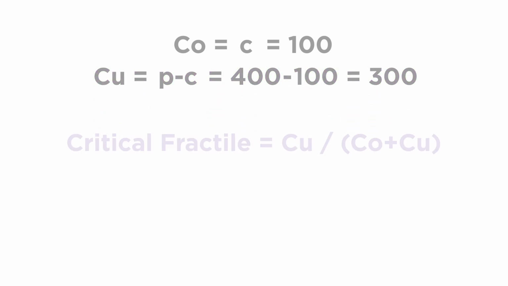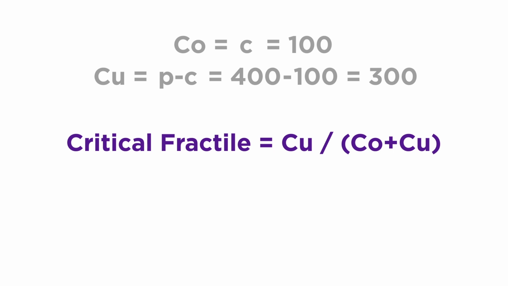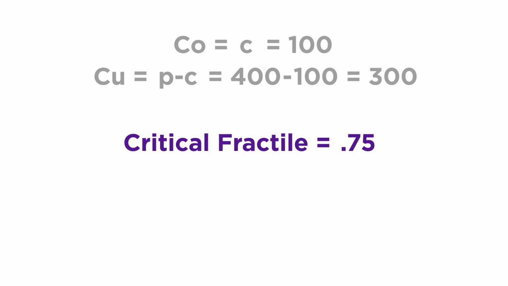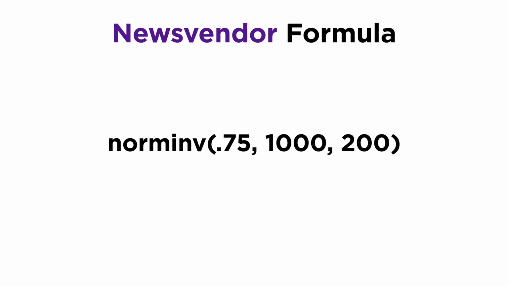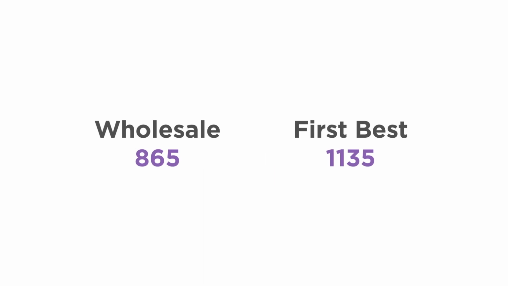It follows then that the critical fractile is equal to 300 divided by 400, which is equal to 0.75. We again use the newsvendor formula to identify the optimal production quantity, this time with the critical fractile being equal to 0.75. This tells us that ideally the supply chain can produce 1,135 units.